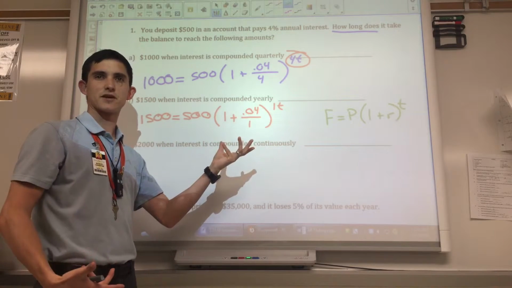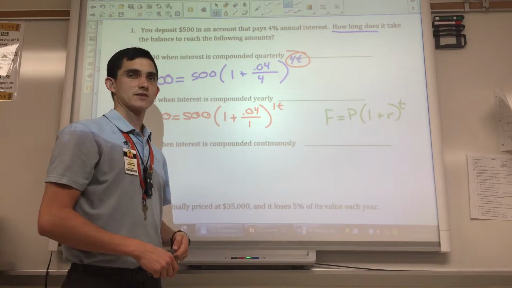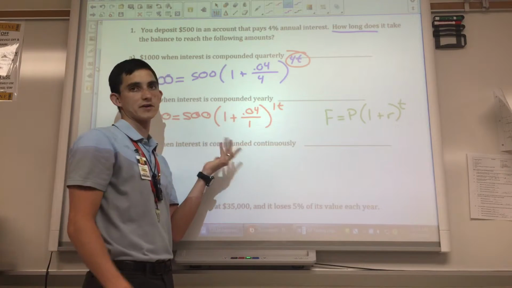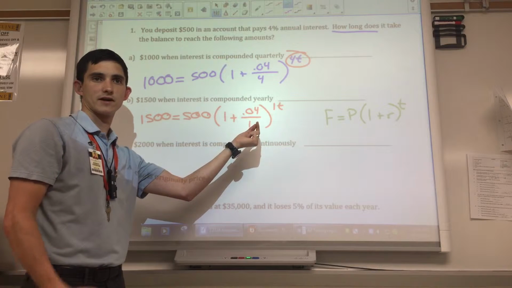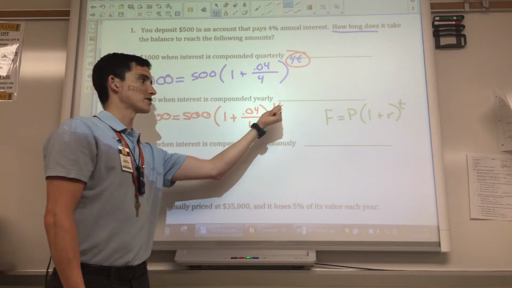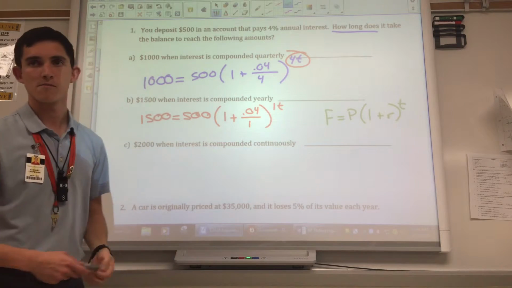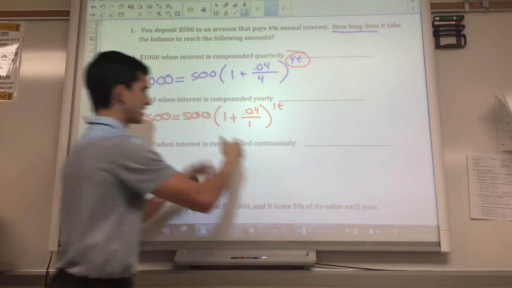So it doesn't change, right? So you don't need to put it. Exactly. So I'm just telling you, instead of memorizing 2 separate equations, understand that when you just have compounded interest, you take the interest rate and divide it by however many compoundings are happening in a year, and then you also multiply the number of compoundings times however many years. Okay, it's the same equation. All right. Any questions on this one?